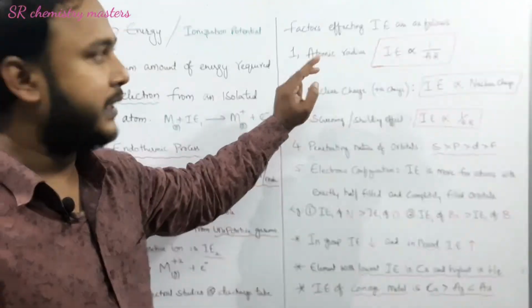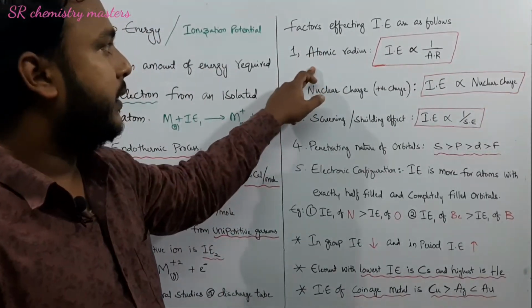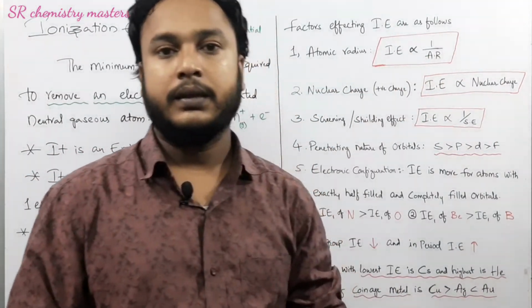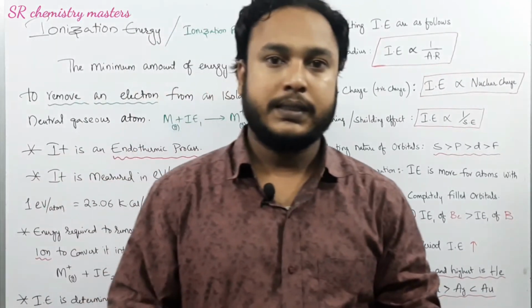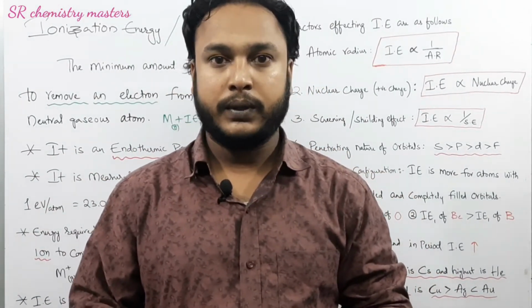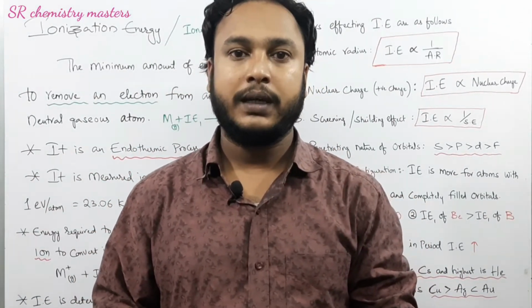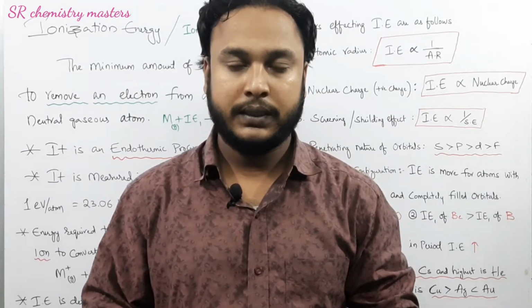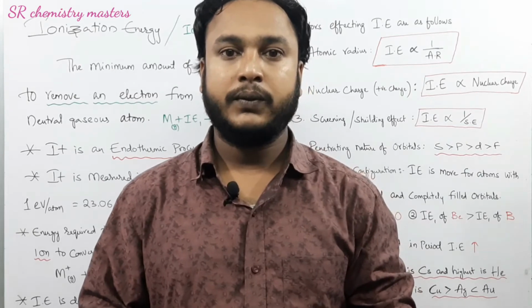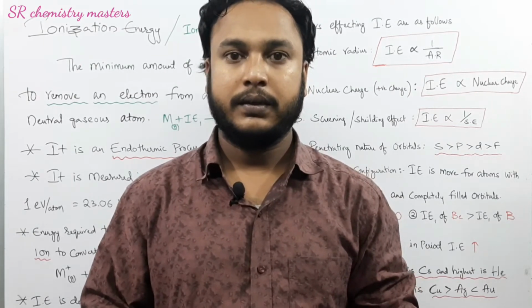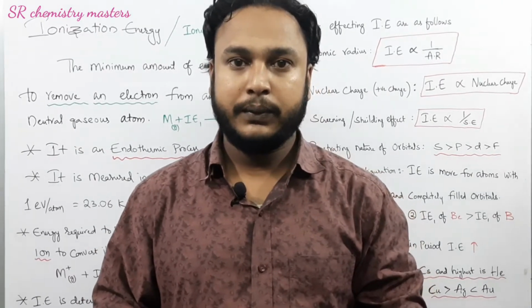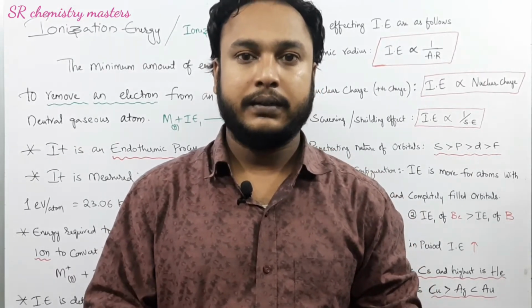If we see the first factor, that is atomic radius, remember atomic radius is inversely proportional to ionization energy. You have two terms, one is directly proportional and the other is inversely proportional. Whenever directly proportional is used, both values will increase simultaneously, and whenever inversely proportional is used, if one value decreases then the other value will increase.